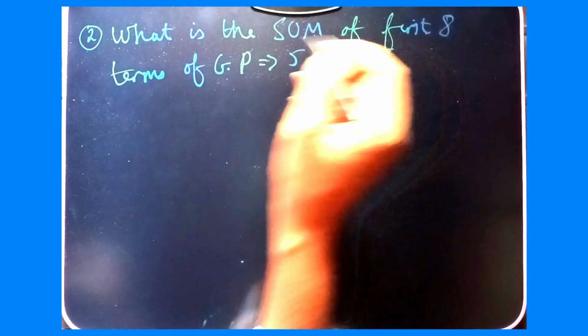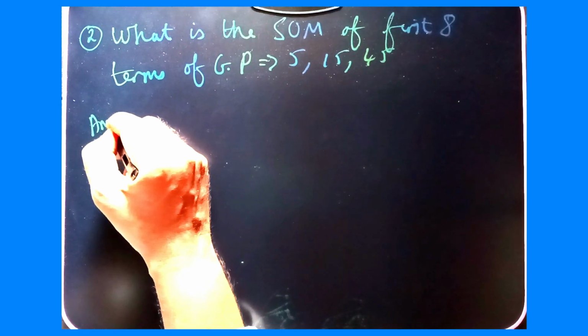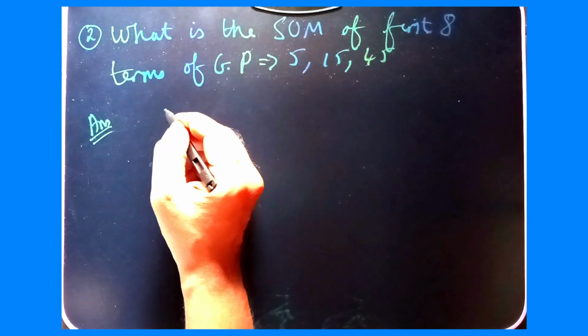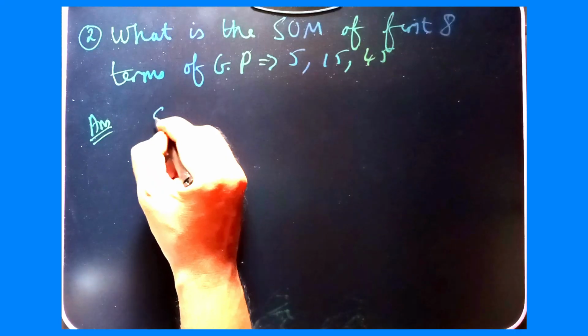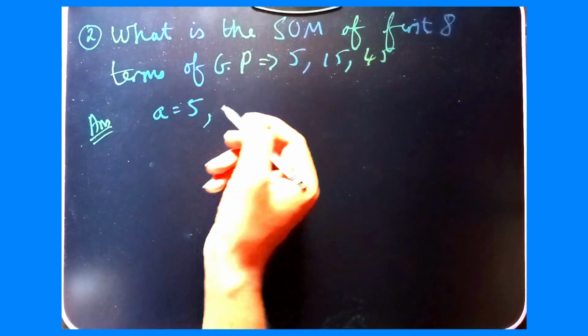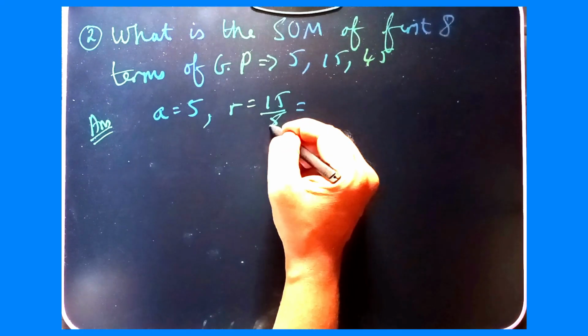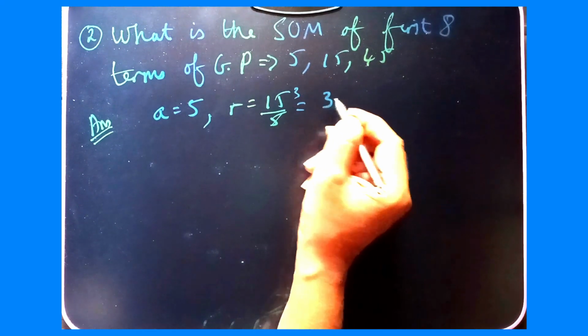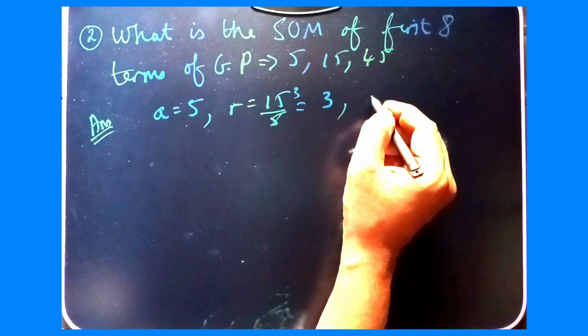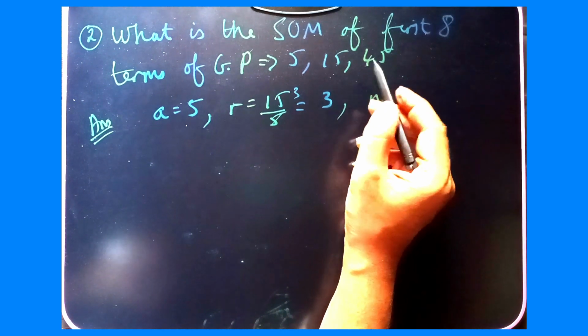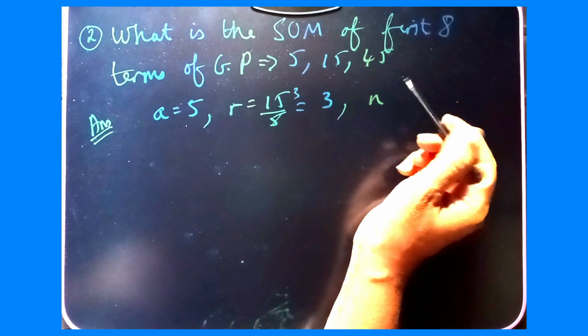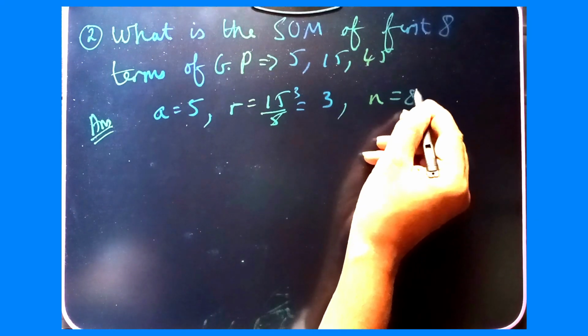Okay, so let me try to solve it here. You try and solve it. So for this geometric progression, the first term is actually 5. The ratio is 15 divided by 5, which is 3. And n is how many terms? Sum of the first 8 terms it says. So we can take n as 8.